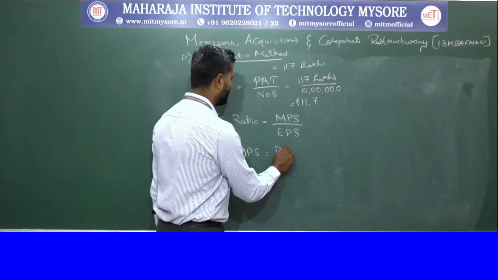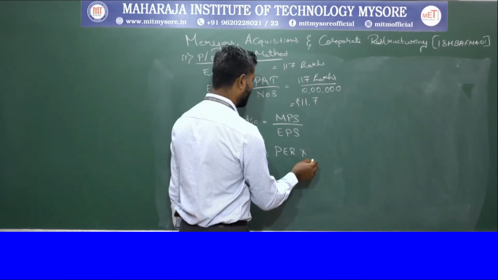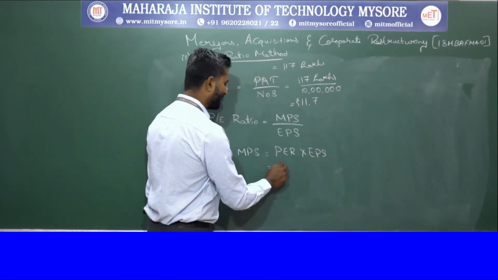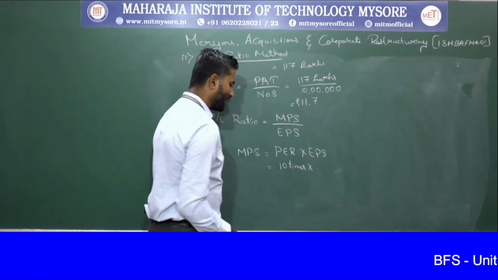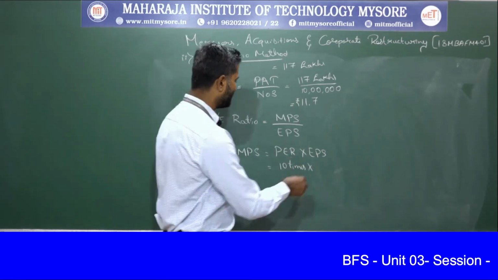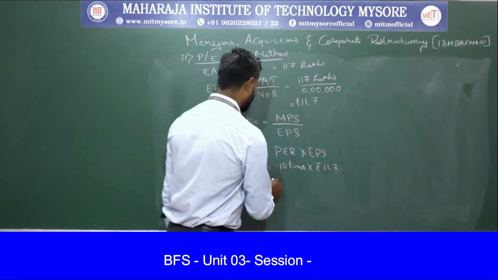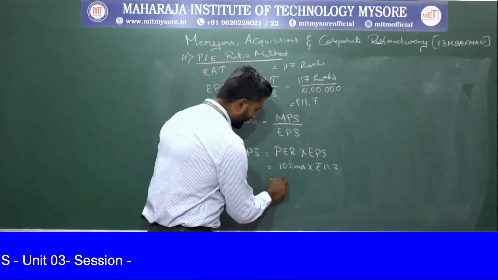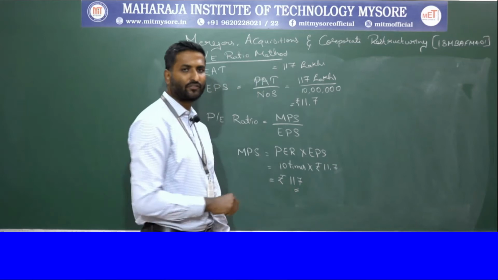We replace the variables: MPS equals price earning ratio into EPS. Price earning ratio is 10 times, and when we multiply that with the EPS, rupees 11.7, the market price per share becomes 117 rupees.